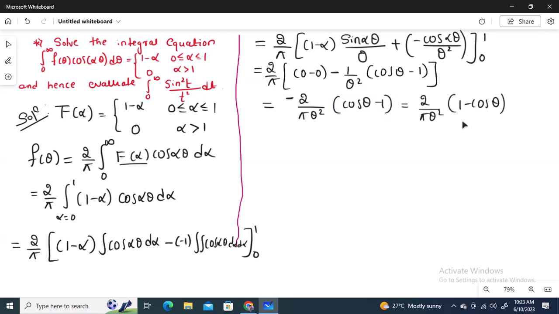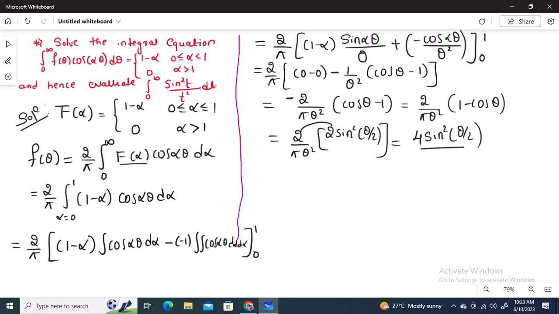Now the half angle formula can be used easily: 1 minus cos theta is 2 sin square theta by 2. So that is 2 by pi theta square into 2 sin square theta by 2, so this equals 2 into 2, which is 4 sin square (theta by 2) divided by pi theta square.